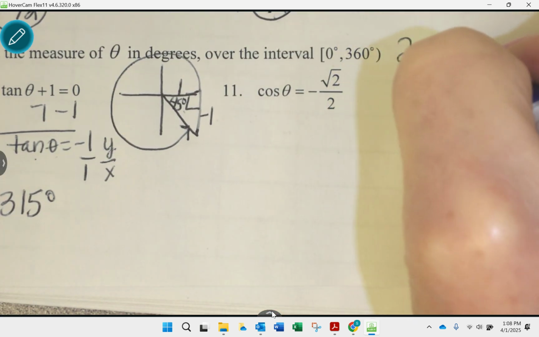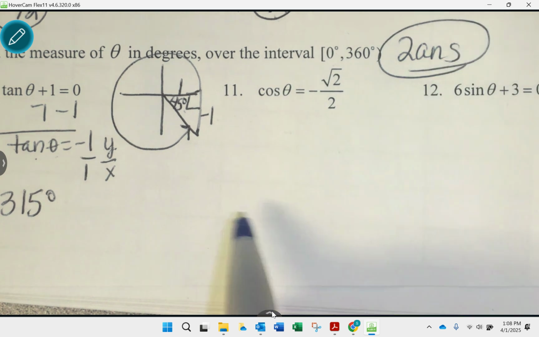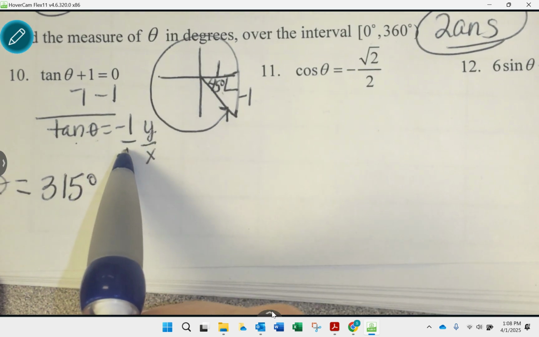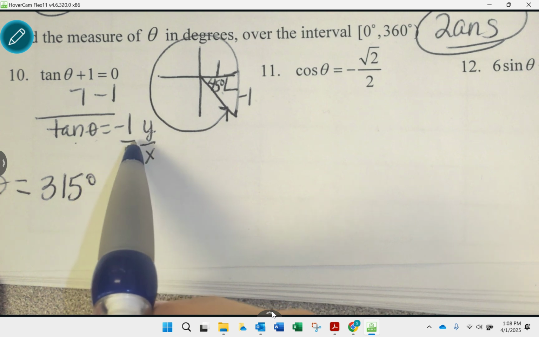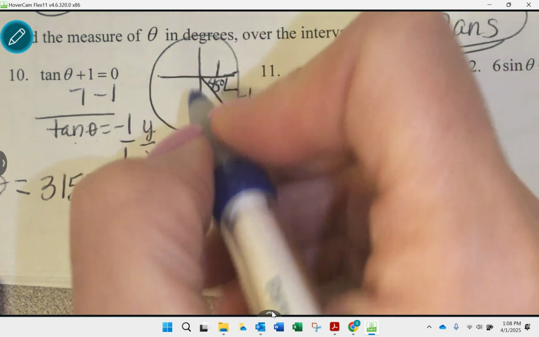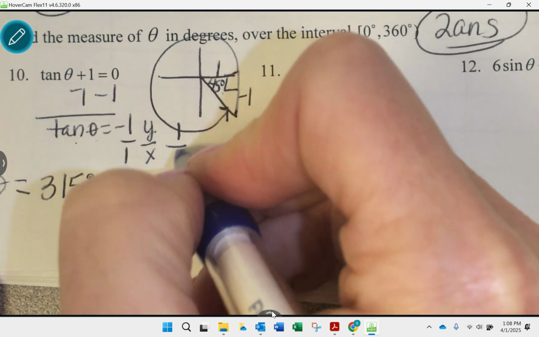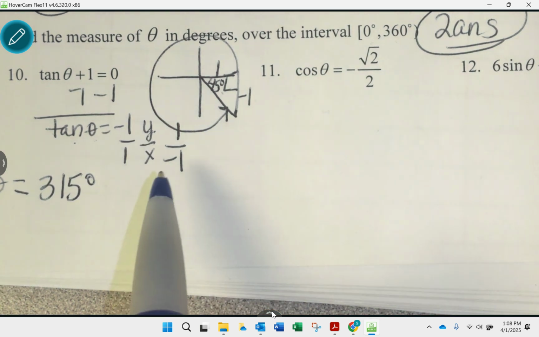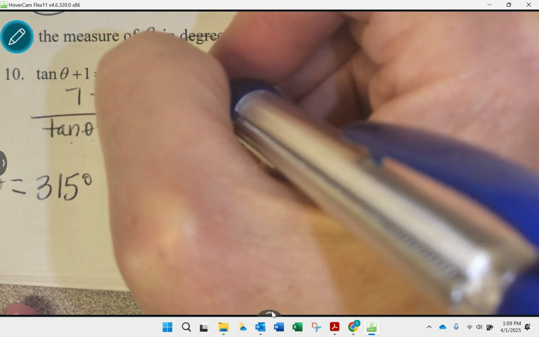Now, here's the deal though. You should get 2 answers on all of these. So there's somewhere else this angle could be, and we could still get tangent to be -1. That's because y could be +1 and x could be -1. Which quadrant would that go in? Second quadrant.